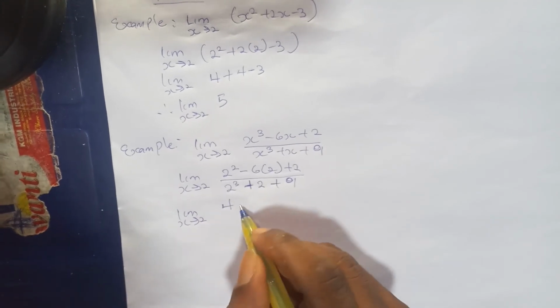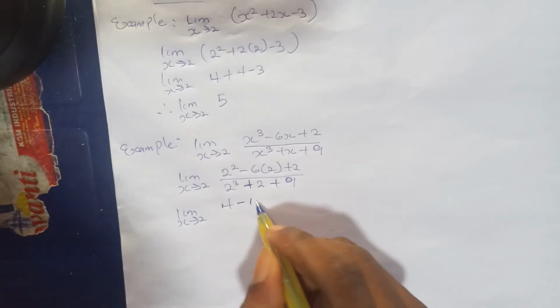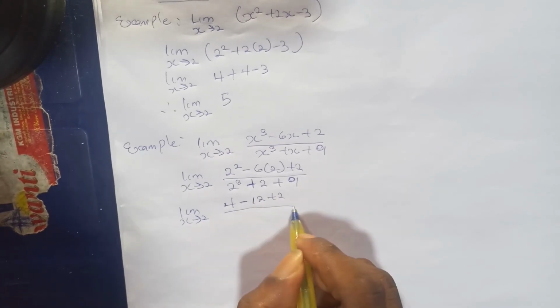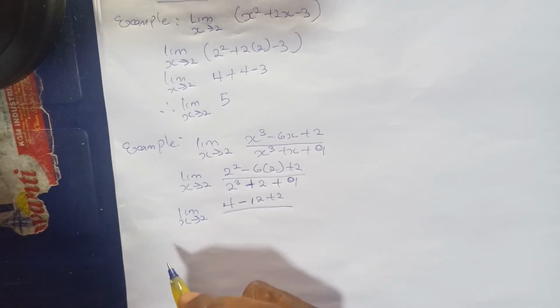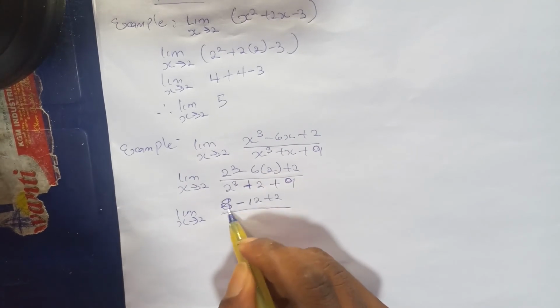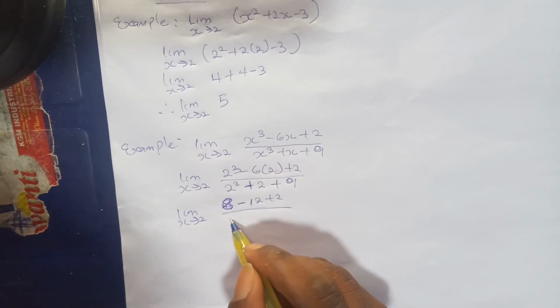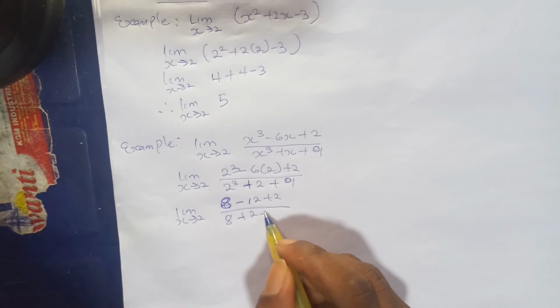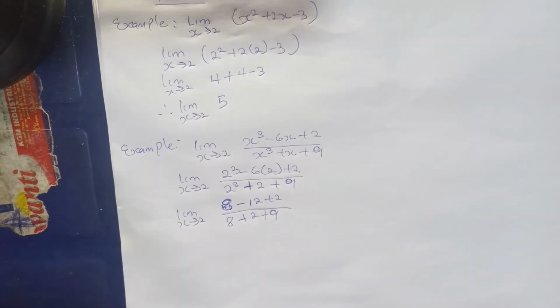Then solving for that, the 4 minus 12 plus 2. Okay, 2 cubed is 8. Then 8 plus 2 plus 9.